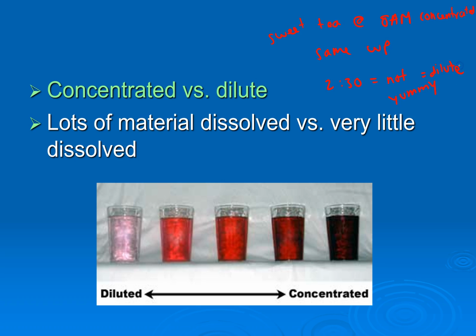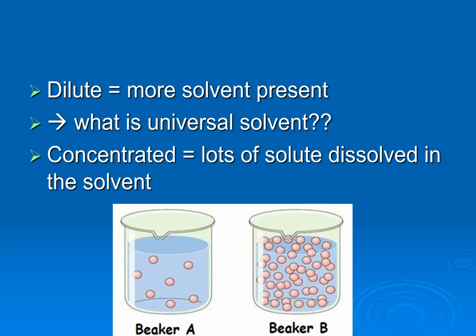So we've added water to it. So this would be like our 8 a.m. sweet tea, and then this is going to be like our 2:30 p.m. sweet tea. So concentrated versus dilute. How much material is dissolved versus very little being dissolved?